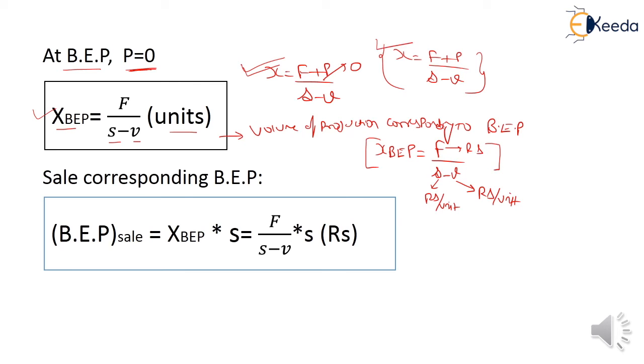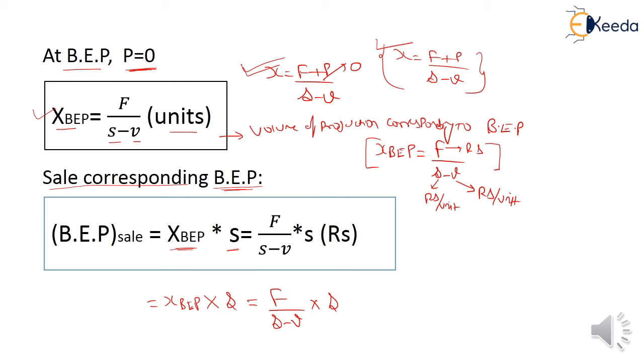Students, what is the sale corresponding to break even point? It is written as x corresponding to break even point into s. So x at break even point is F upon (s − v), and here we multiply by small s.